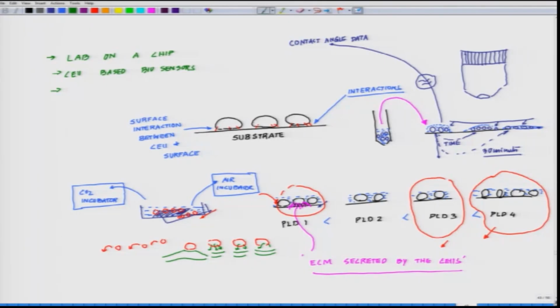Again, just to enumerate, with a cell out here and substrate out here, first is the electrostatic interaction, step 1, followed by step 2, where the cell, upon that stabilization, starts to secrete its own extracellular matrix, or ECM.